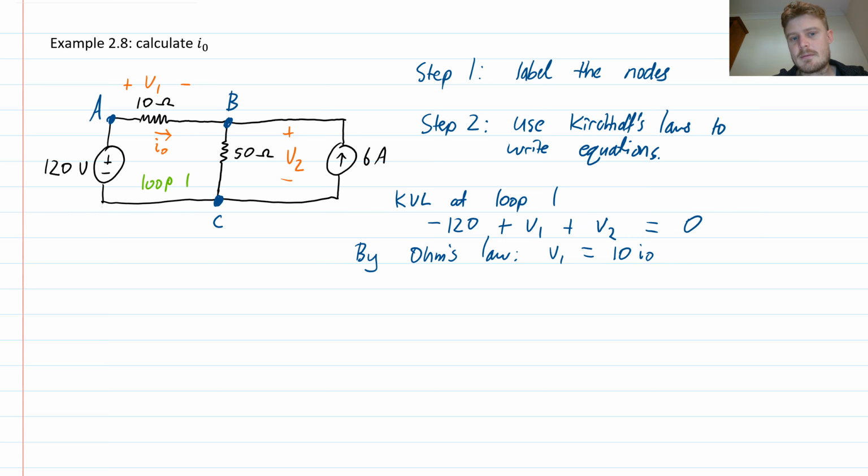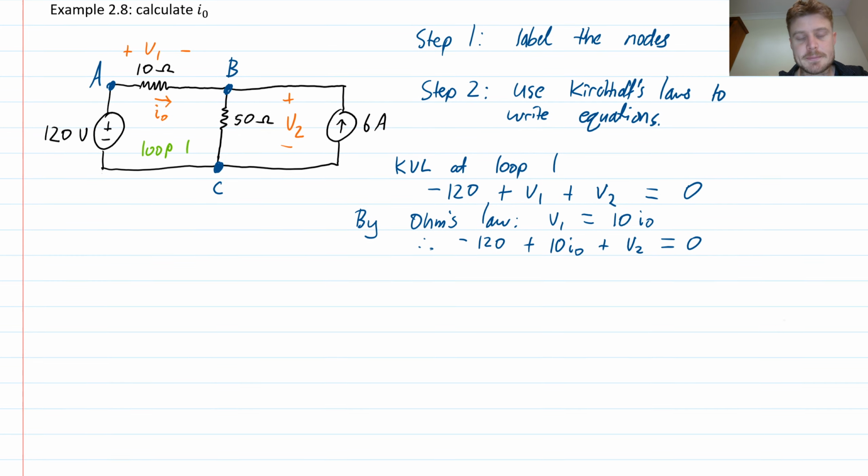I can write that down and substitute it in straight away. So this gives me minus 120 plus 10 I0 plus V2 equals 0. I still have V2 as an unknown that I need to eliminate from this equation so that I can solve for I0.